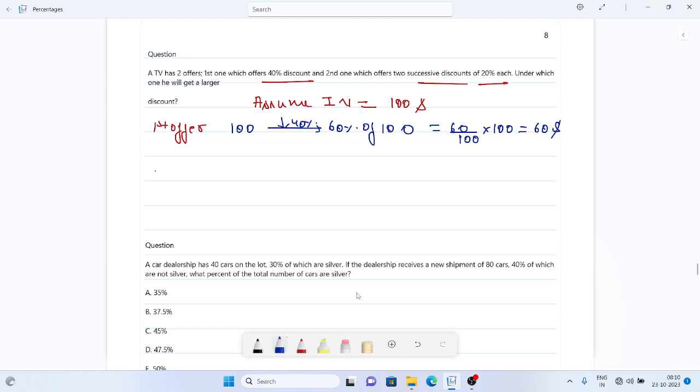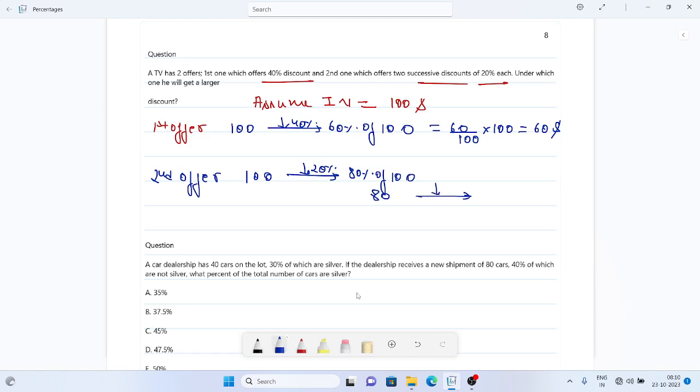Now in the second offer, he gave two successive discounts, meaning first he decreased the value by 20%, which gives 80% of 100, which is nothing but 80.